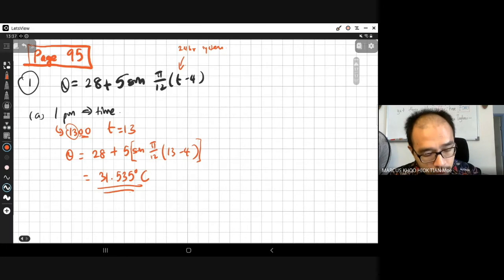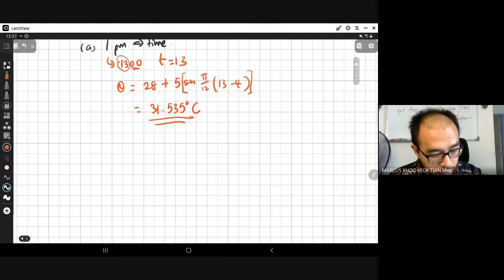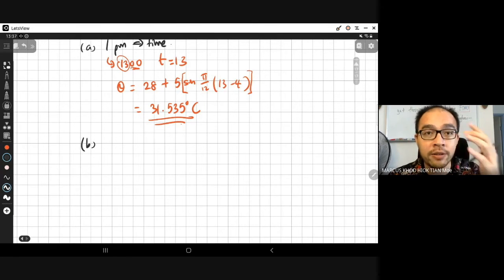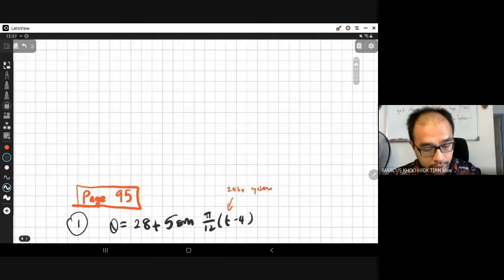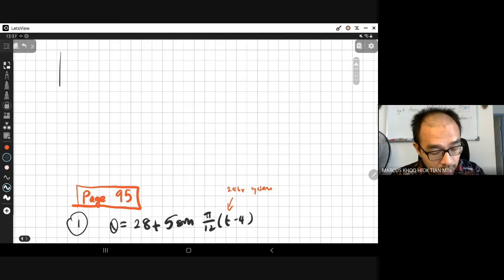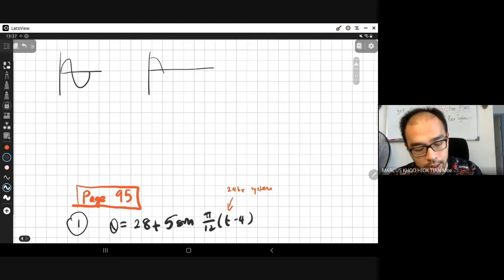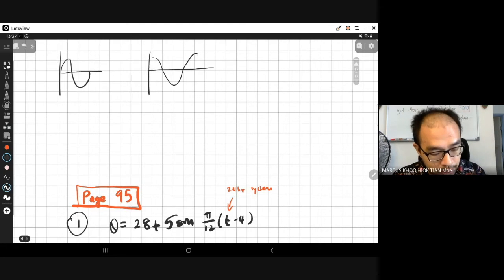Now this one requires us to remember one very important thing, and I want to mention this now here. Remember when we were looking at the sine, cos, and the tangent graphs, especially the sine and the cos. Remember the sine graph was like this, and the cos graph was like this. What is the maximum amplitude for each one?